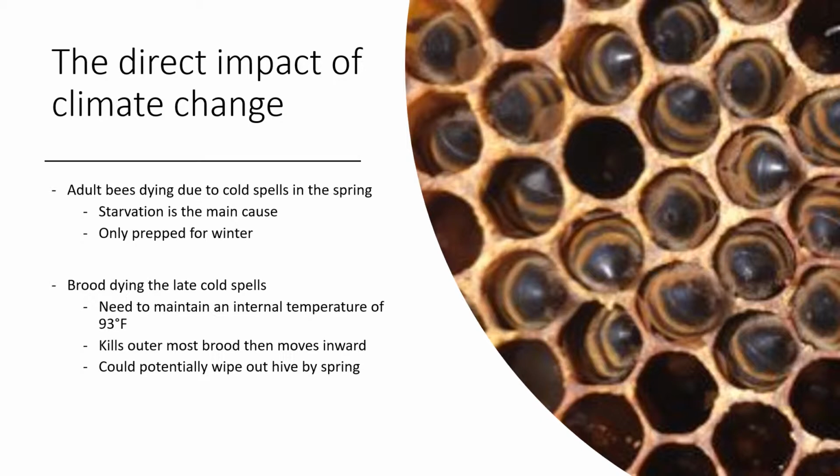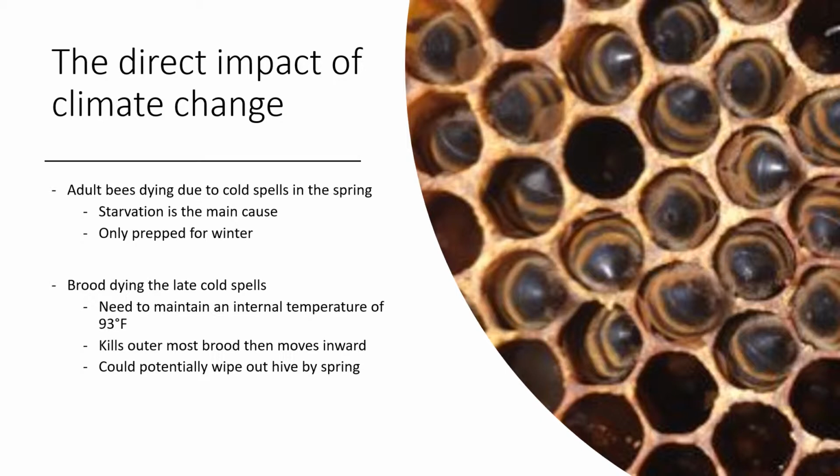slide. So, one way that climate change directly impacts bees is killing the adult bee population during random cold spells in the spring. So, in this case, the bees only stock up enough food to survive the winter. And so when spring comes around, they can just leave the colony, forage for food, come back and restock their food supplies.